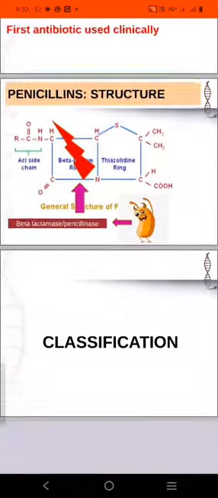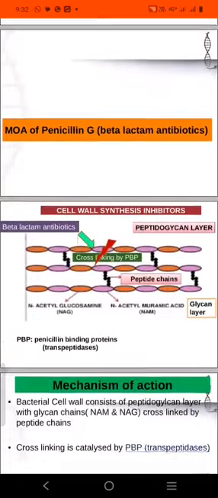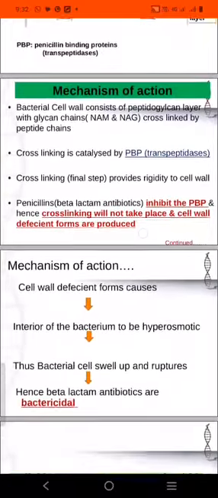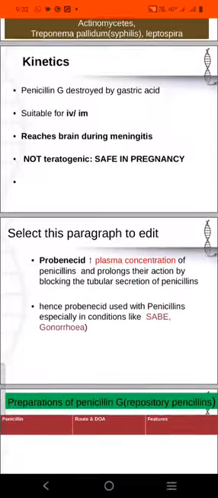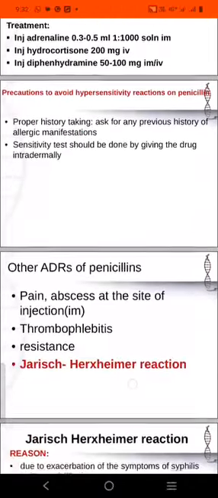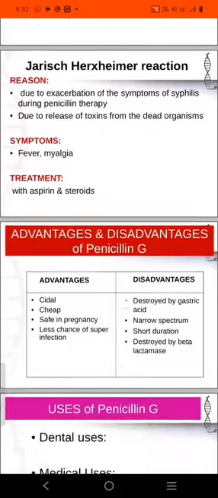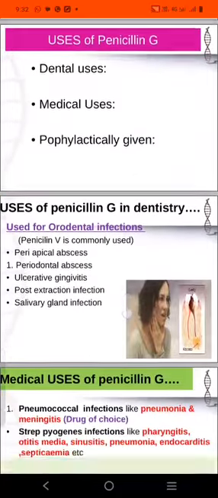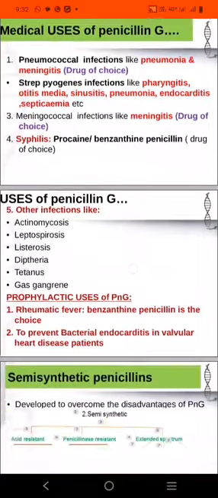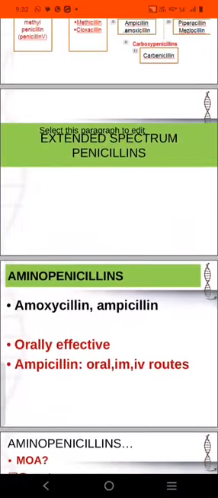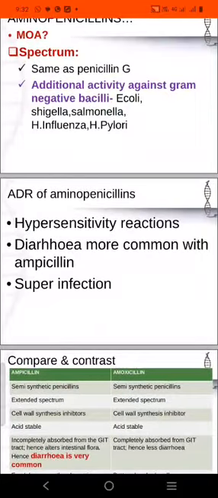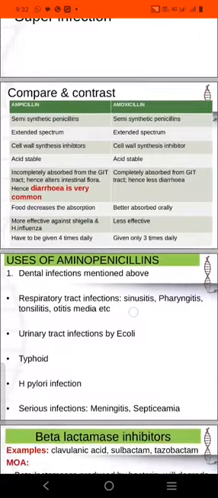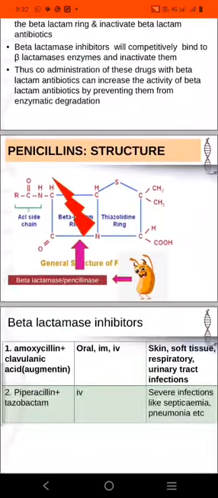Then we have seen the classification and mechanism of action. Then we have seen the pharmacokinetics and adverse reactions, treatment of adverse reactions. Then we have seen the advantages and disadvantages, then therapeutic uses. Then we have seen the semi-synthetic penicillins. Okay, that's all regarding the penicillins.